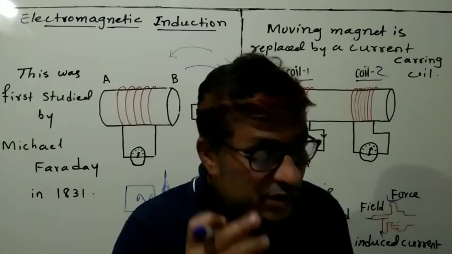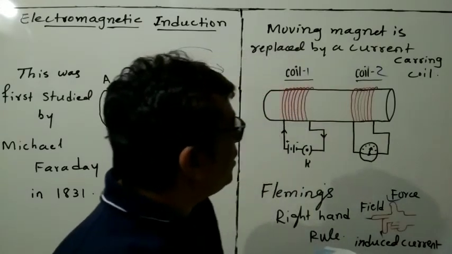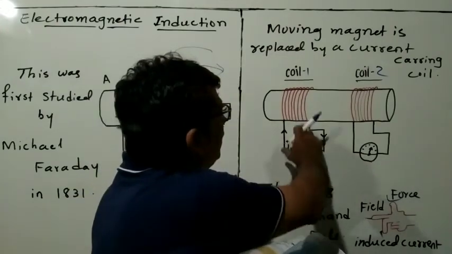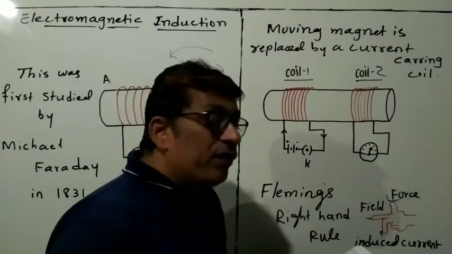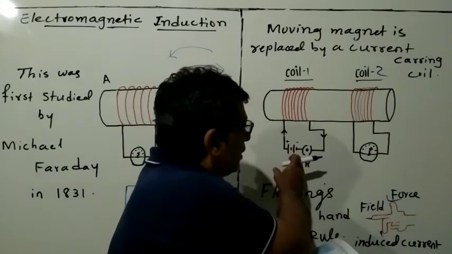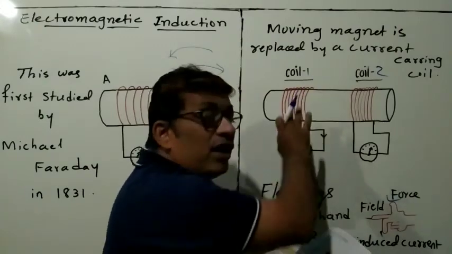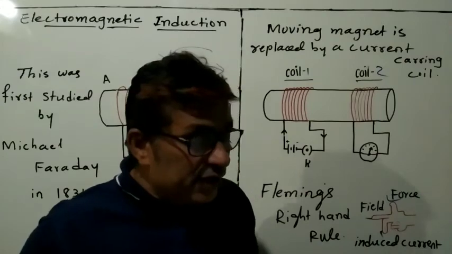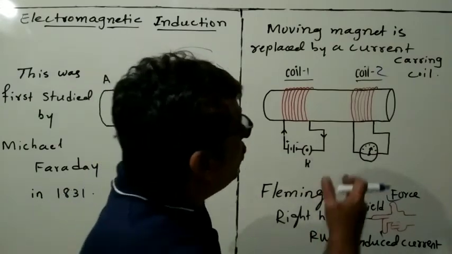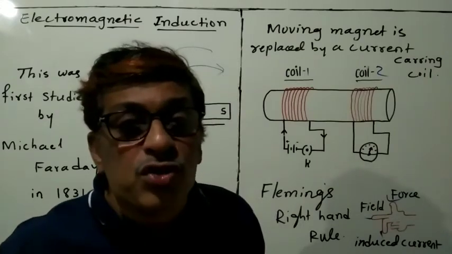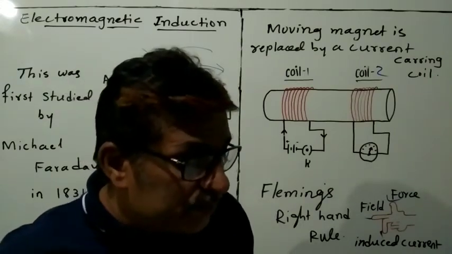Okay, got the idea, students? So here in this diagram, when the current is changing, the magnetic field also changes. When the magnetic field changes here, the magnetic field there also changes and induces, or produces, an electric current.